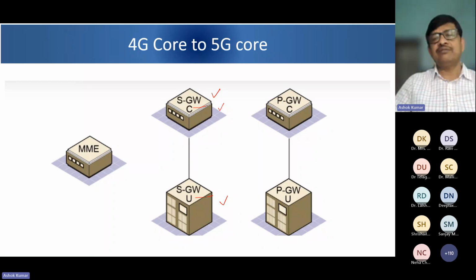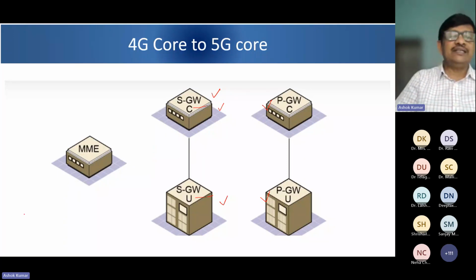Similarly, the PDN gateway, or P gateway, is also divided into two parts, control plane and user plane. So in 4G also, we have separated the user plane and control plane.